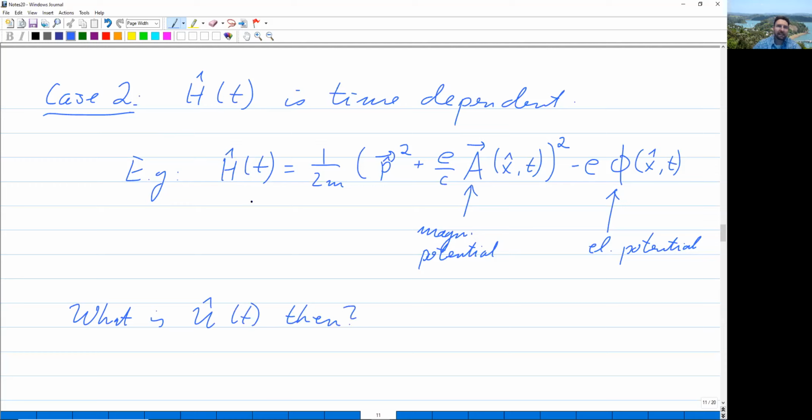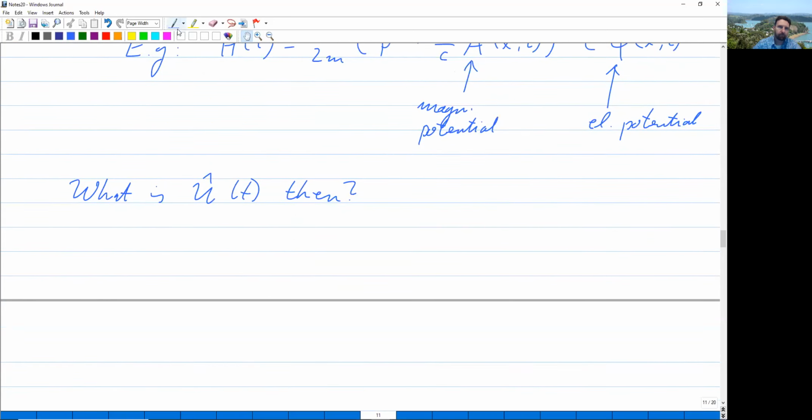Well, let's make a guess and then see if it works or not. So we guess that maybe U hat of t is equal to, let's put a question mark over it, e to the power of 1 over i h bar, and then integral from t naught to t of H hat of t prime dt prime.